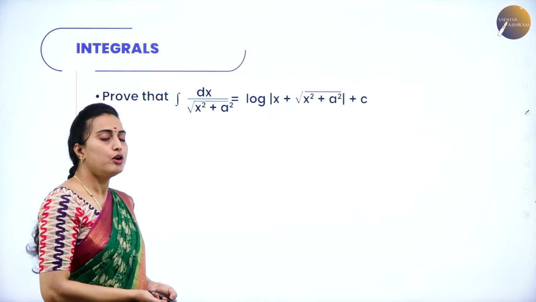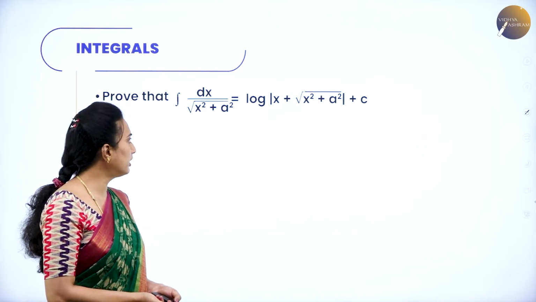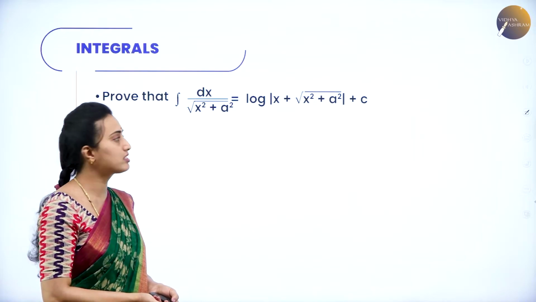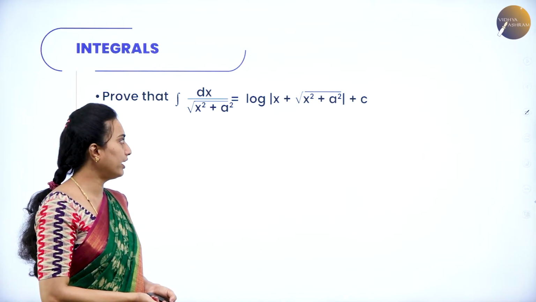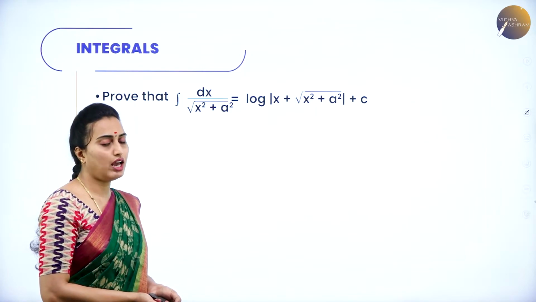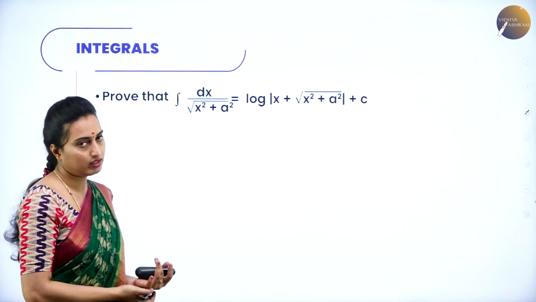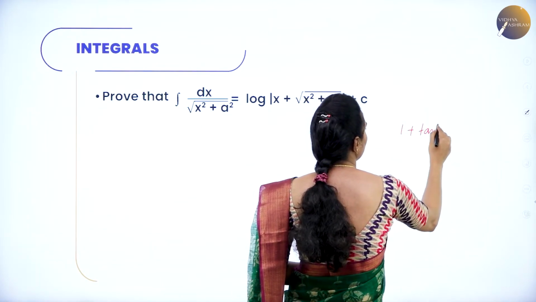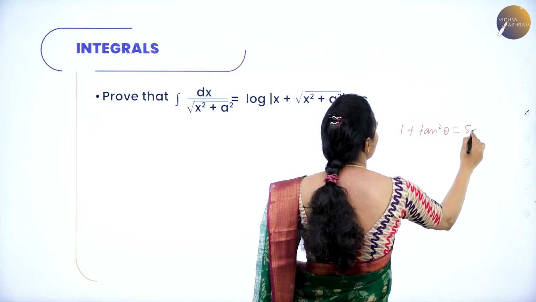What they've asked: prove that dx divided by under the root x squared plus a squared is equal to log of modulus of x plus root of x squared plus a squared plus c. Dears, here also you're having the substitution of 1 plus tan squared theta, correct? Is equal to secant squared theta.